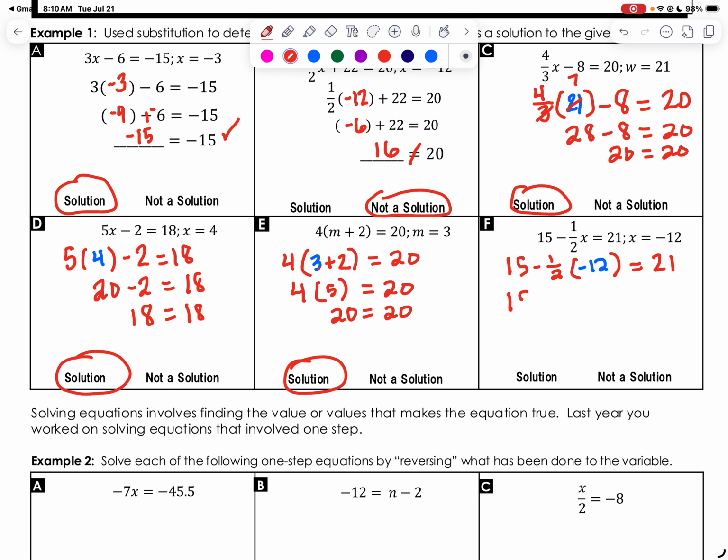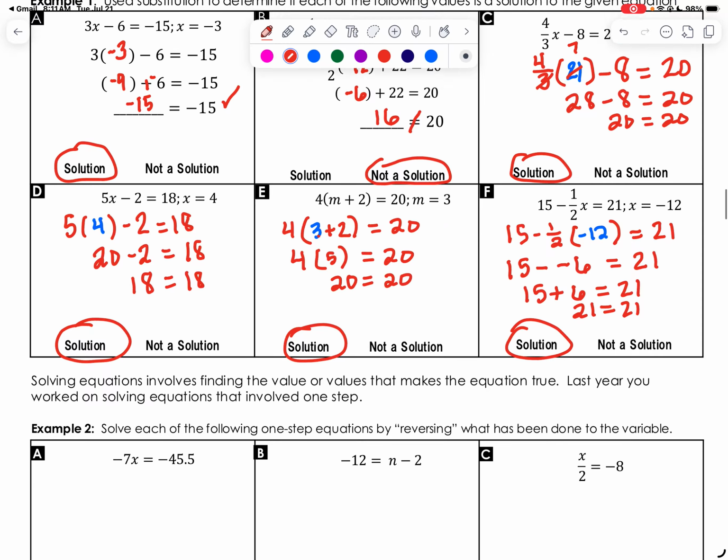So this would be 15 minus 1/2 of negative 12 is negative 6. 15 minus negative 6 is the same thing as 15 plus positive 6. And 15 plus 6 is 21. So this was a solution. If you got any part of that problem wrong, please pause the video and make your corrections. If you got it right, let's move on to example 2.